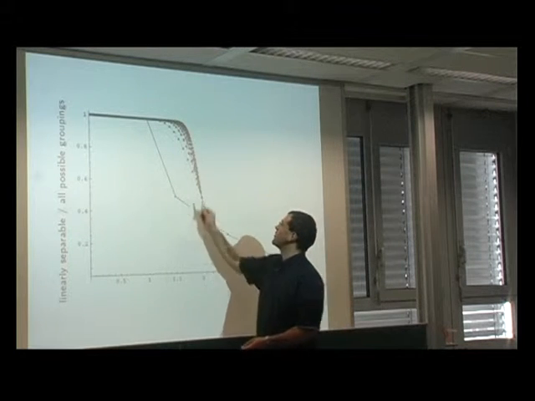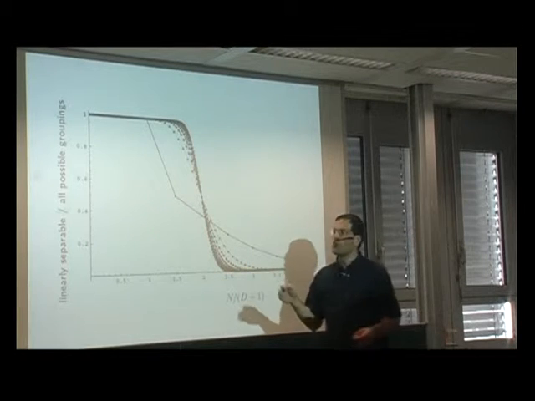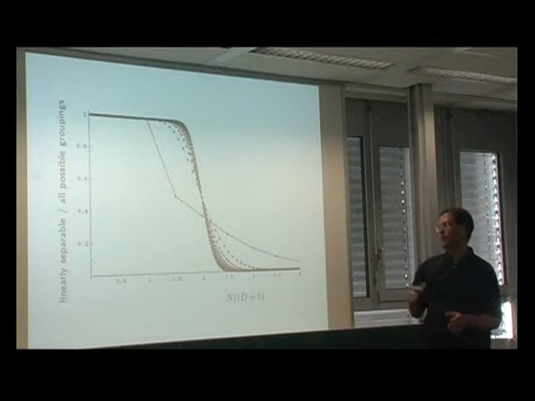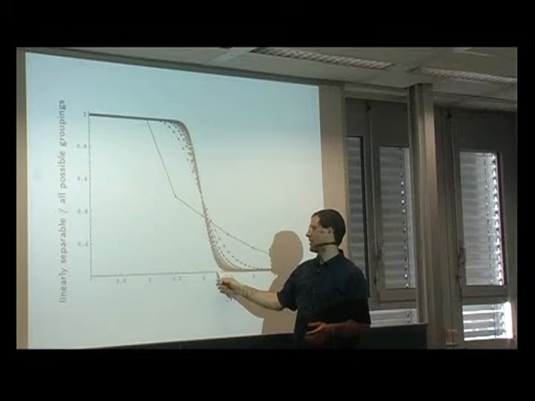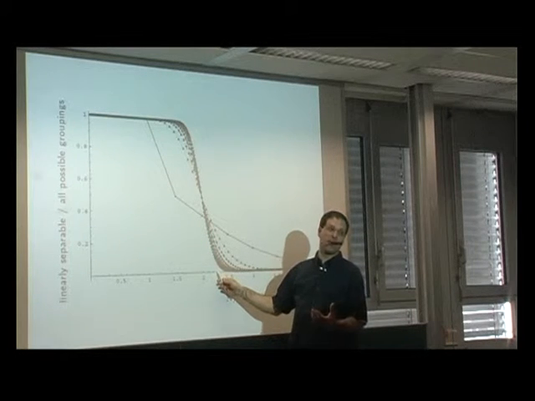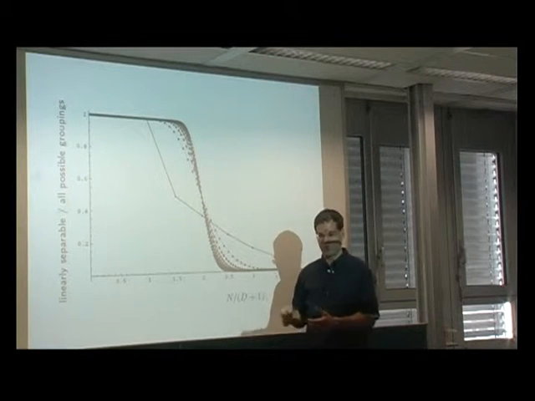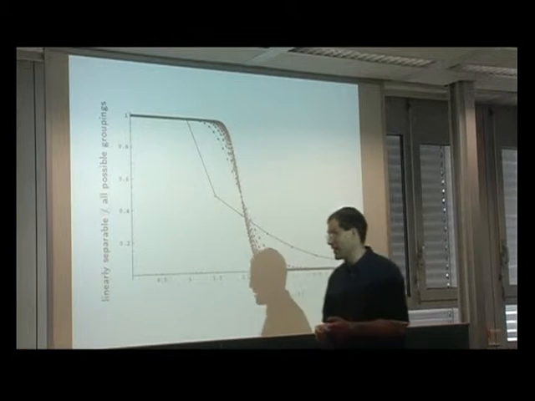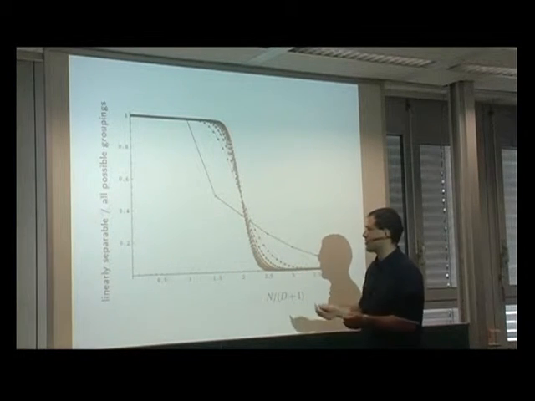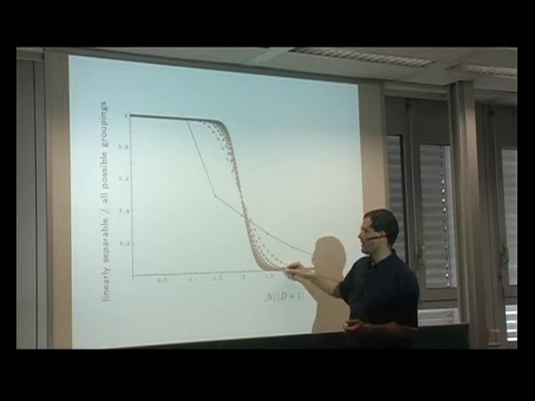So you will be somewhere up here. If you now move from 390 to 410 observations, then the absolute number of dichotomies grows, because 2 to the power of 410 is more than 2 to the power of 390. But the fraction of linearly separable ones will be exceedingly low. Okay?